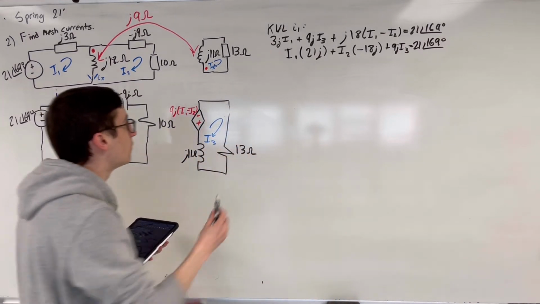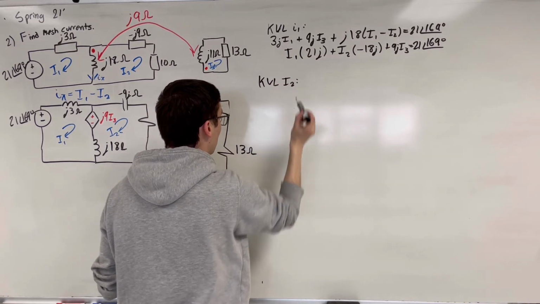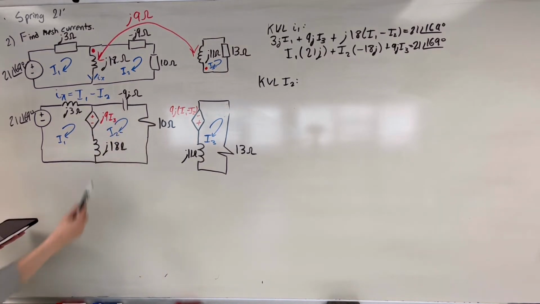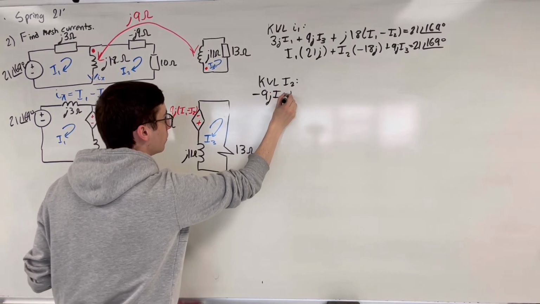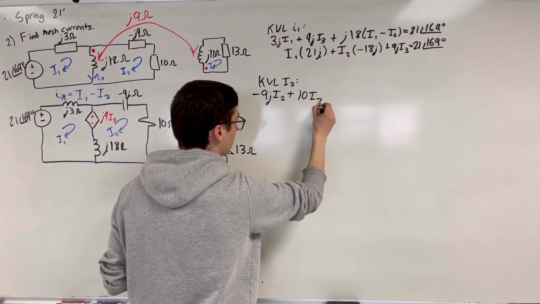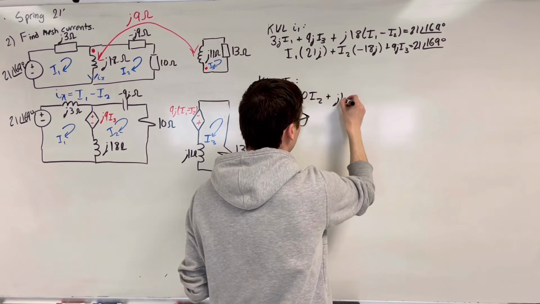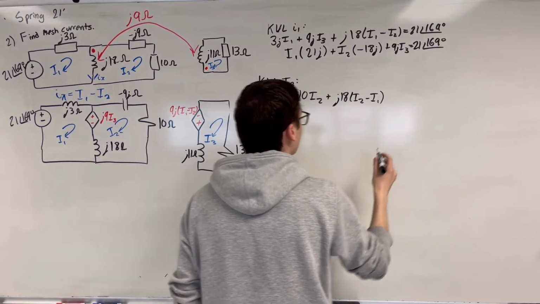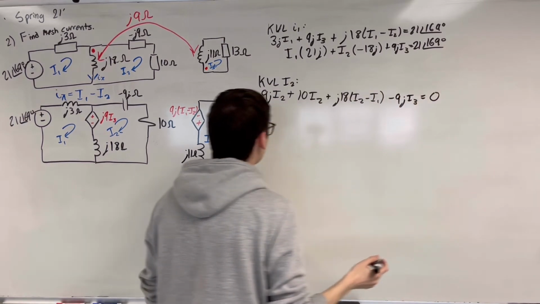All right, and now we do KVL for I2, and we just go around the loop. I'm going to start at the top, so it's going to be negative 9j I2 plus 10 I2 plus j18 times I2 minus I1, and that's going to be minus 9j I3 is equal to 0.